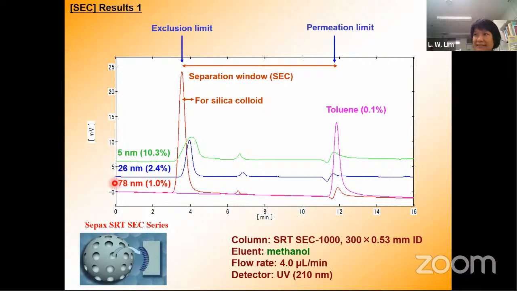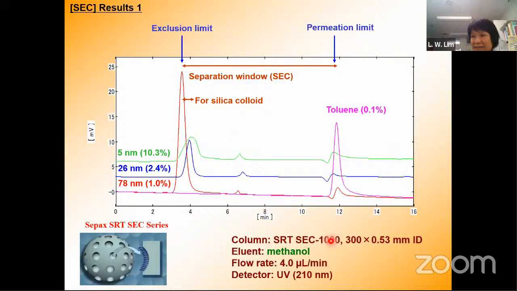So this is one of the chromatograms we usually get from the experiment. I want to explain this chromatogram. Maybe you already know for those who have done some simulation. This is the packing material that we pack in the column. It's from a company called Sepax, the Sepax SEC size exclusion column with 1000 here.